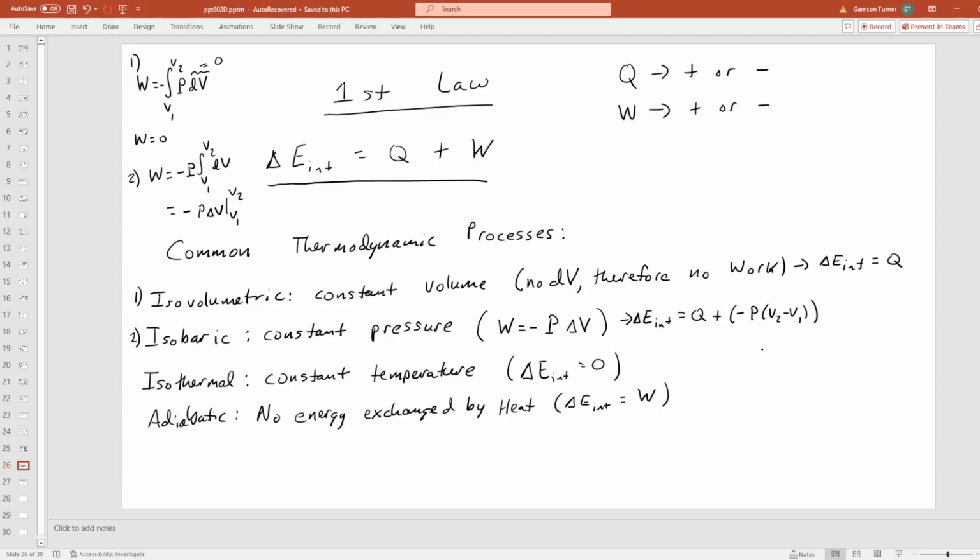So if you compress your gas, then V2 is smaller than V1 and your result is positive once again. And again, compressions in our sign convention go to increasing the total internal energy, and expansions would go into decreasing the total internal energy.